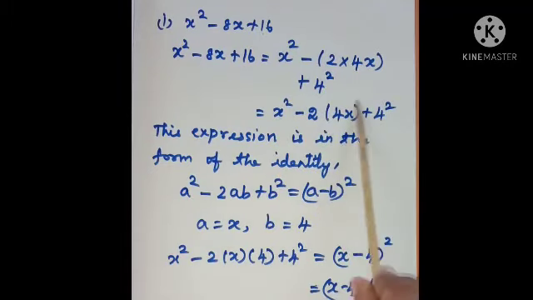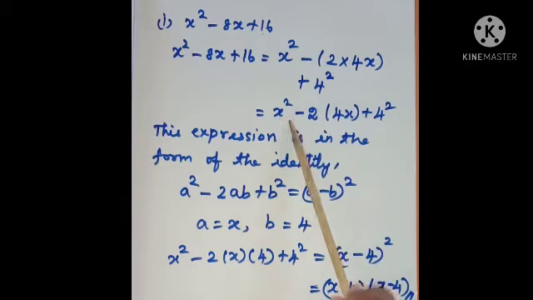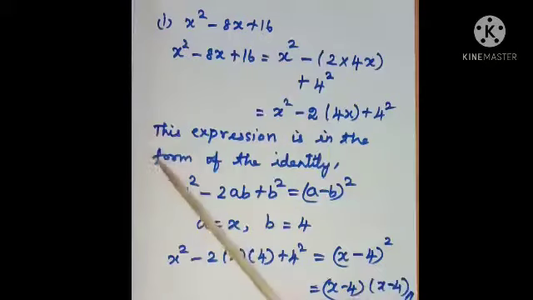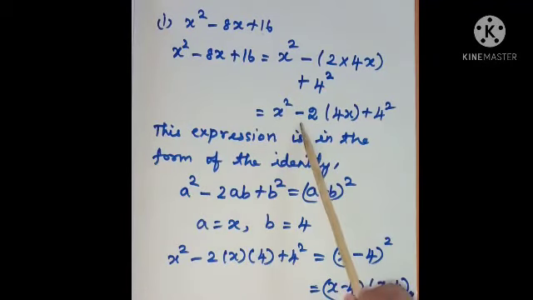And here let us see which identity matches the expression on the right hand side of the identity. Yes, it is of the form a square minus 2ab plus b square. And we know that a square minus 2ab plus b square is a minus b the whole square.